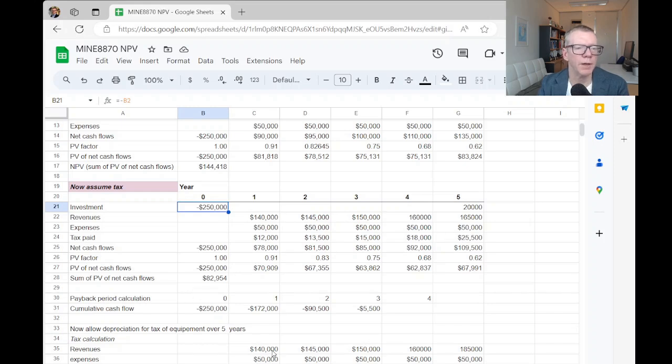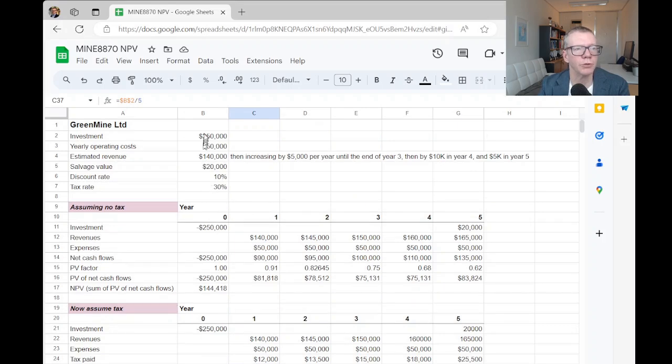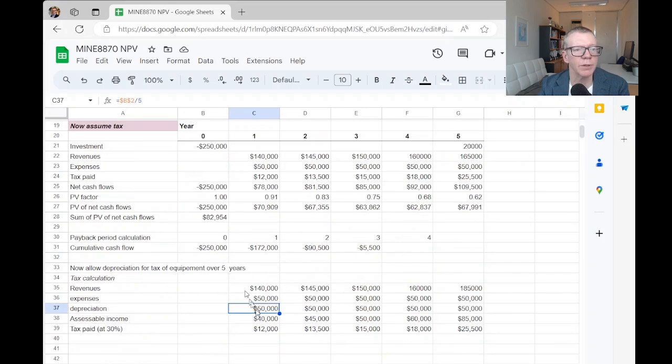The revenues and the expenses are going to be the same for the purposes of our taxable income. Now I'm going to be including, for tax purposes, depreciation of the $250,000 investment over the 5 years, so $50,000 each year.